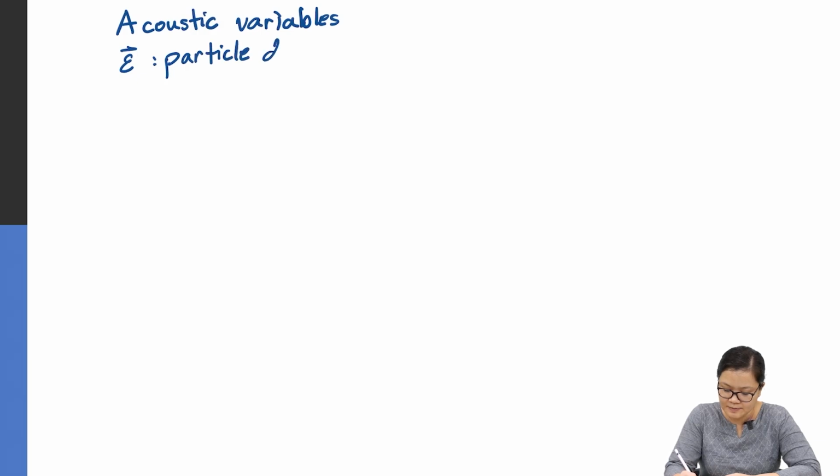Now, there are several acoustic variables to keep in mind, and some of which we have already discussed in other lectures. First, we have the particle displacement. Now, that's a vector. So, particle displacement, denoted by the notation epsilon.